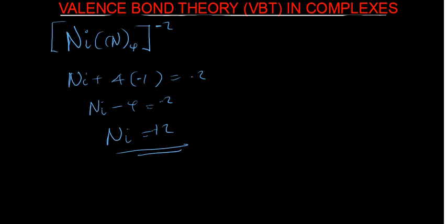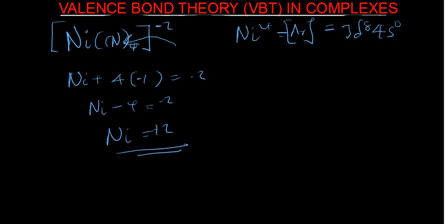The electron configuration for nickel 2 plus will be the same as the one we wrote in the first one: 3d8 4s0. Now in this compound, the only difference is it is reacting with a strong ligand. We've got strong ligands and also weak ligands.